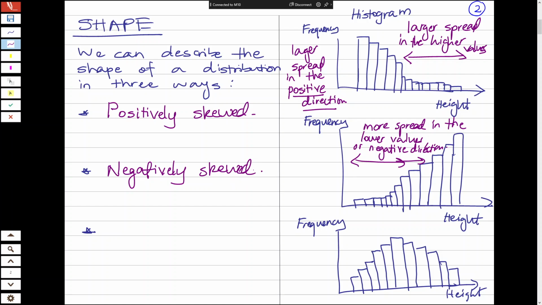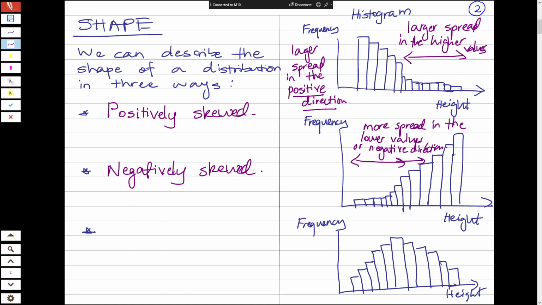This is actually very common in year 12. They might give you a histogram like this, and they'll ask you to describe the shape of the distribution, and they're just looking for this term, positively skewed and negatively skewed, and a third one that's coming in a moment. The reason why I've drawn your attention to the spread is because a lot of people look at this and say, oh, there's more people in the negative direction. Look at the first picture here.